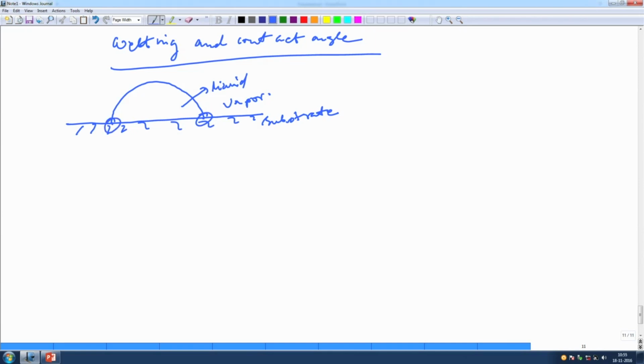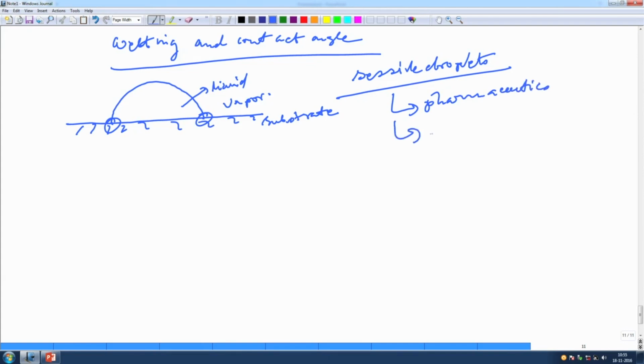How do we analyze problems like this, because this is a very common problem. Every application will have this sessile droplet. This is called a sessile droplet. It has applications from pharmaceutics to surface patterning to coating, sensor development.